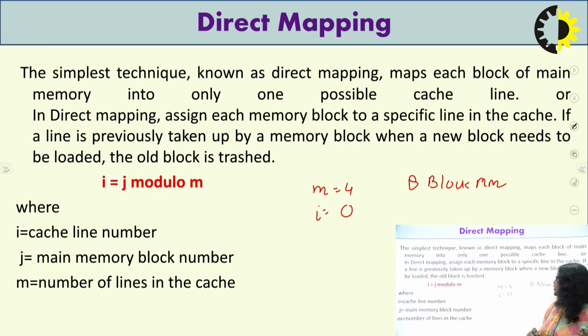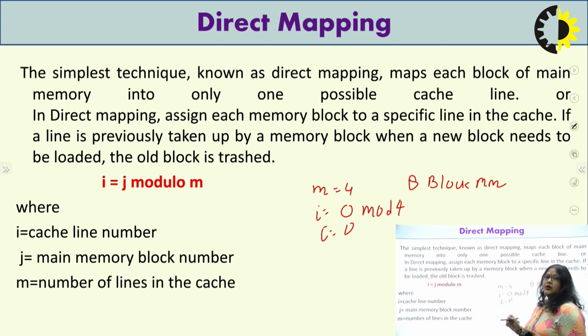We want to map block 0 of main memory, 0 mod 4, so the value of i equals 0. That means block number 0 from the main memory transfers to cache line number 0. So this formula shows which block number of main memory transfers to which cache line number.